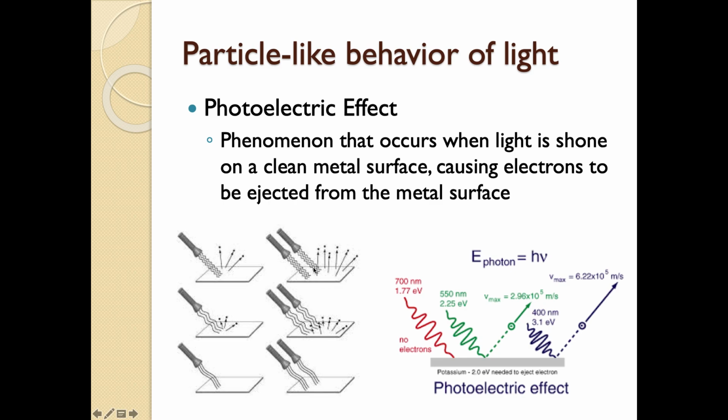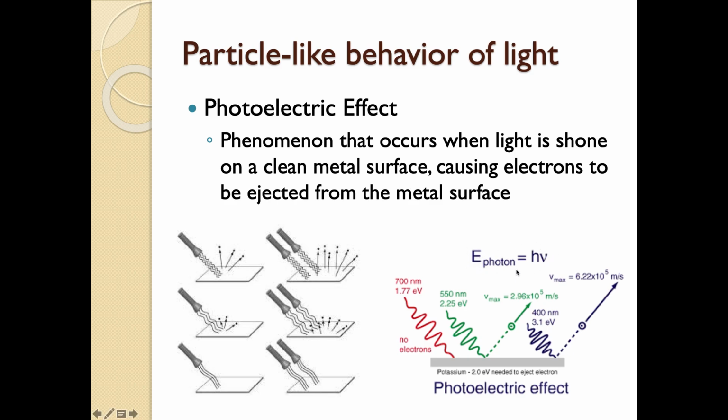And if you're reading in the text, you'll often see the term quantized, which basically means that light has these little particle packets of energy that we can relate to. And it turns out we can track and calculate the energy of those little packets, what we call photons. So when you see this term photon, that photon is what we think of as the particle form of light. So for one photon of light, we can apply this equation.